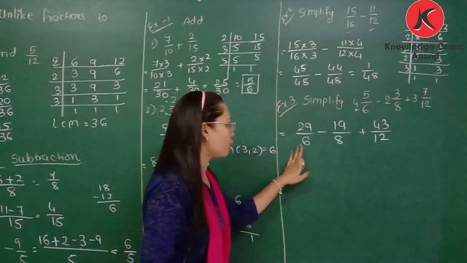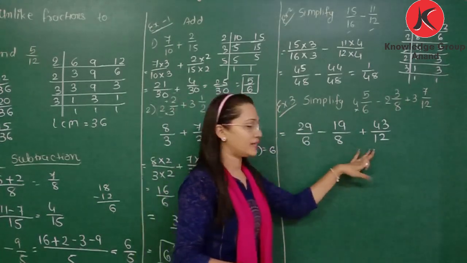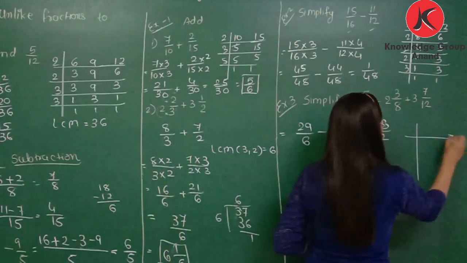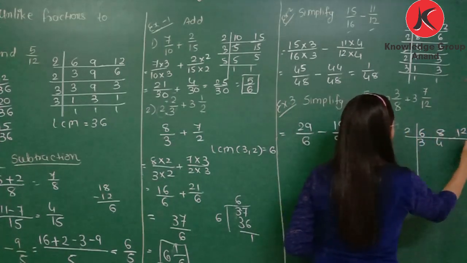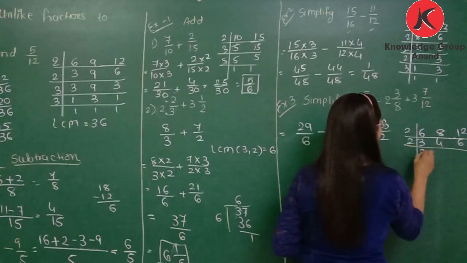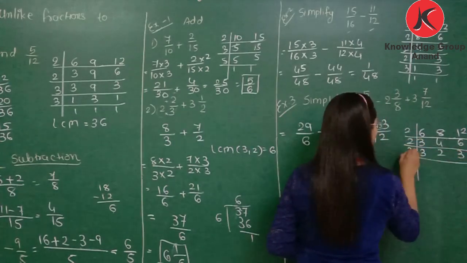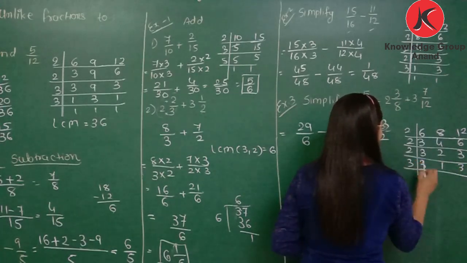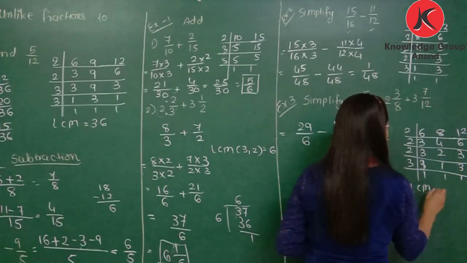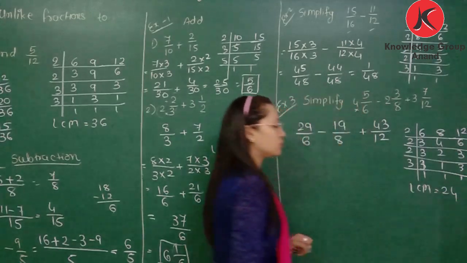Now take the LCM of 6, 8 and 12. So 2 3s are 6, 2 4s are 8, 2 6s are 12. Now again with 2, 1. So here the LCM is 24.